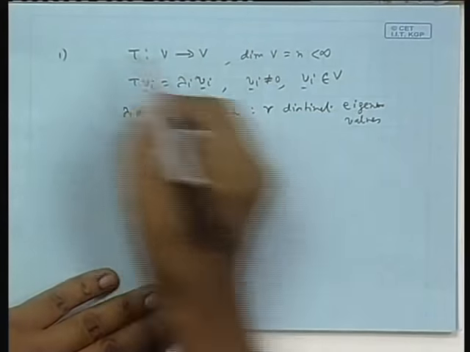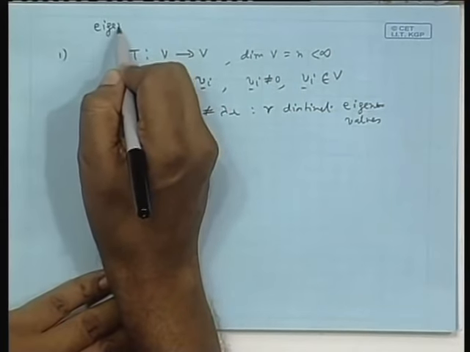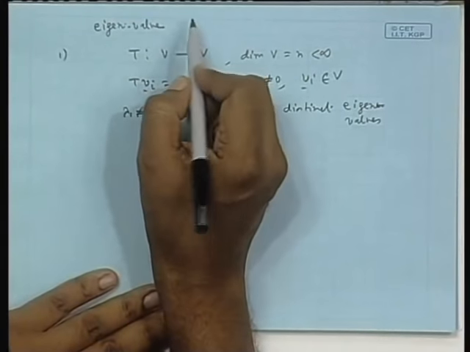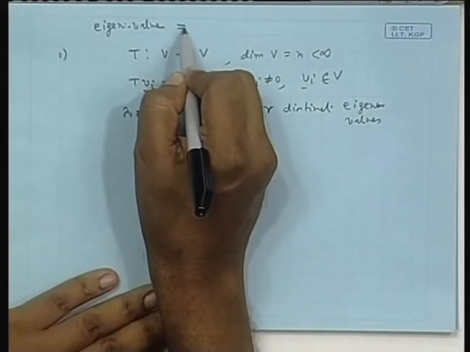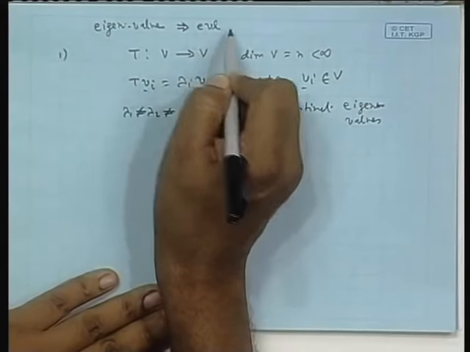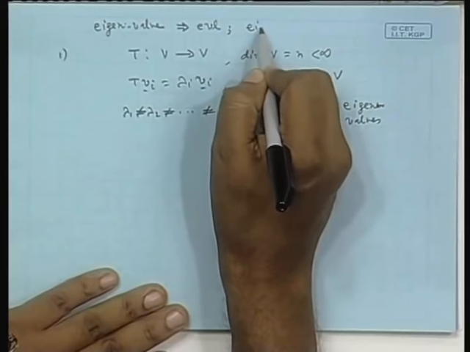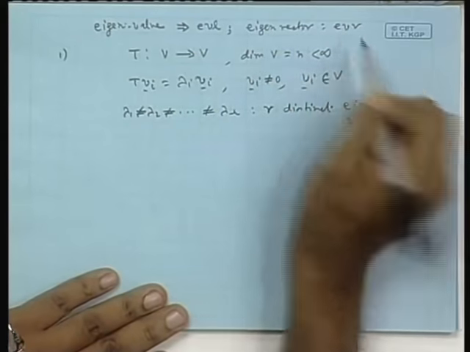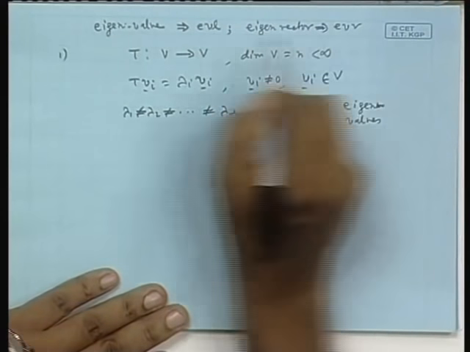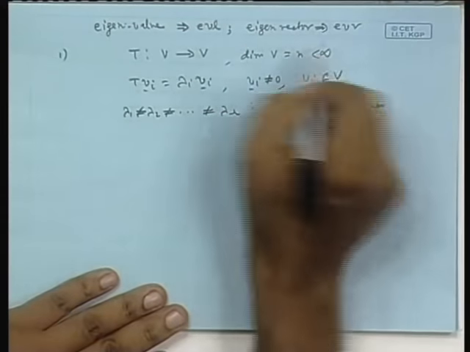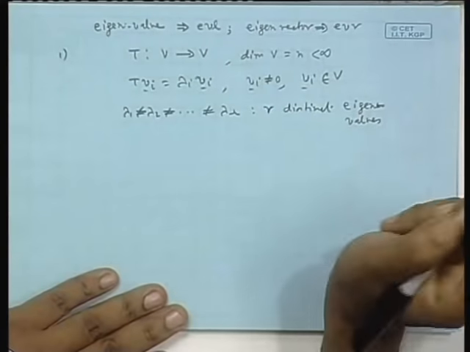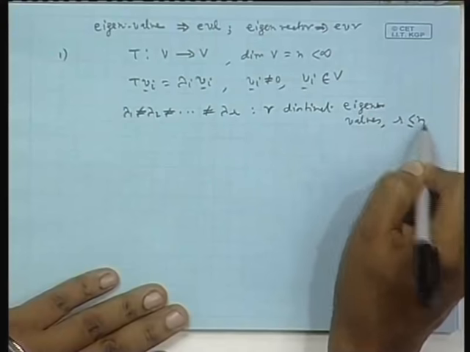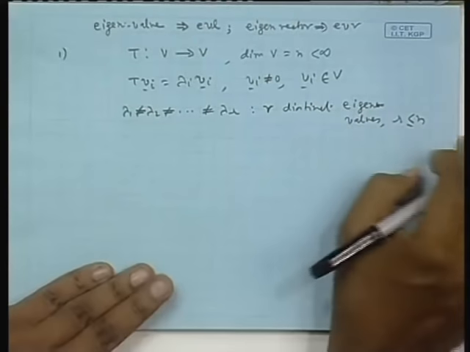Eigenvalue in short I will write as EVL, and eigenvector just EVR, because eigenvalue, eigenvector, you have to write so many, two words. So, distinct EVLs and r less than or equal to n. Why less than or equal to n? We will see very soon.